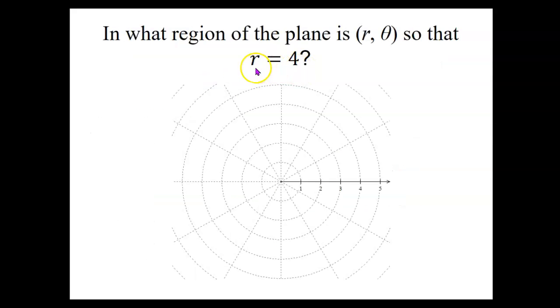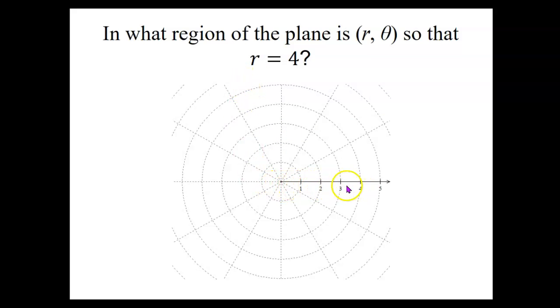Now let's do some simple polar coordinate equations and inequalities. In what region of the plane is r theta so that r is equal to 4? That is, think of all the points that have their r coordinate equal to 4, and then theta can be anything. Remember, r represents your distance from the pole.